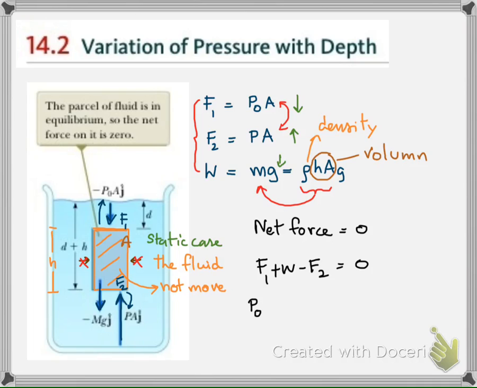or we have that P0 A plus rho g h A minus PA equal to 0, or with simple algebra we can have that P is equal to P0 plus rho g h.